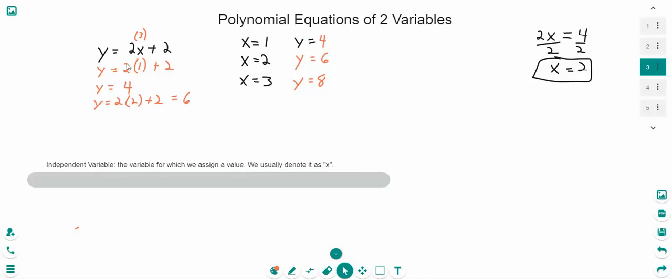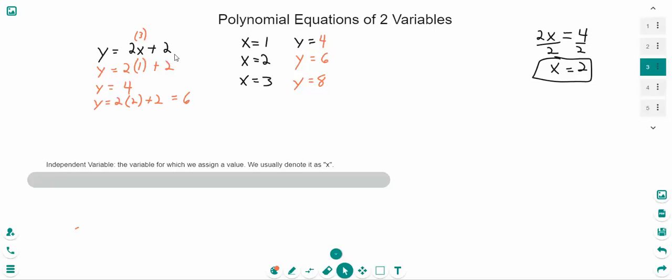So obviously not all equations will be written in terms of a y and an x. Maybe there'll be an a or a b or a c or a d or an x and a w or something like that. But in general, when we have an equation, we like to use the variables x and y if possible. All right. Sometimes it makes more sense to use a different variable, and then we need to select one of those to be the independent variable.